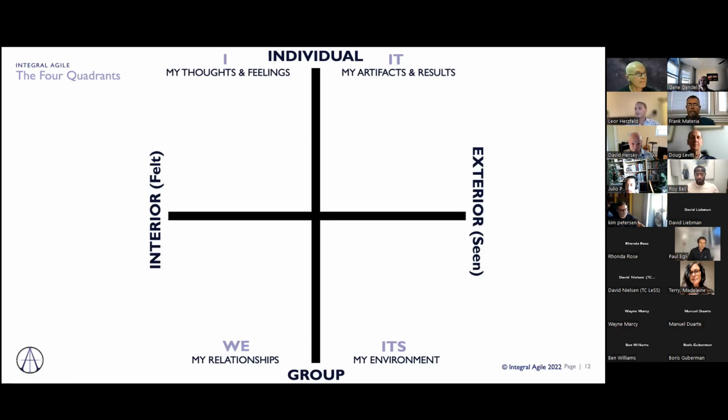It's not something that can be seen or measured. Everything on the right-hand side is visible, can be measured, can be poked at, prodded at, it has qualities. We can have a conversation about it. Everything on the bottom is group-oriented, and everything on the top is individually oriented.